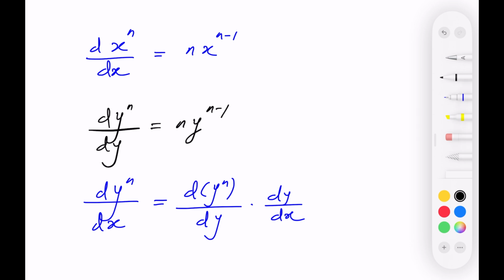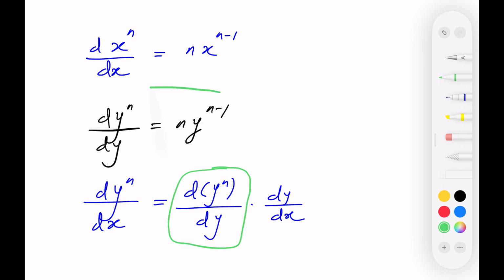By doing so, I didn't change the question given. On the left hand side, I have d y to the n over dx. On the right hand side also, I can consider that the dy's are cancelled, then I just have d y to the n over dx. This is simply the chain rule. Now we know the answer for this part. I need to differentiate y raised to the n with respect to y.